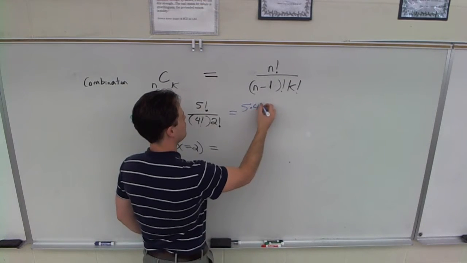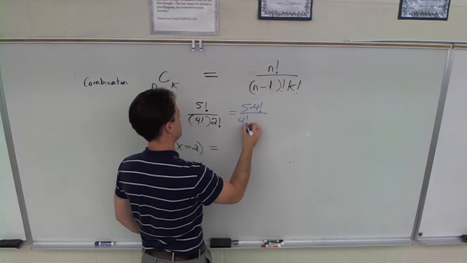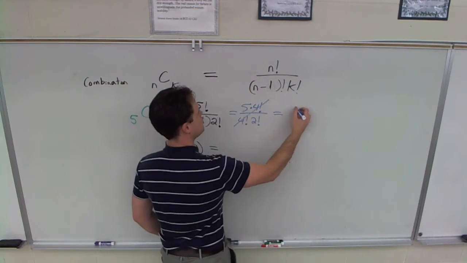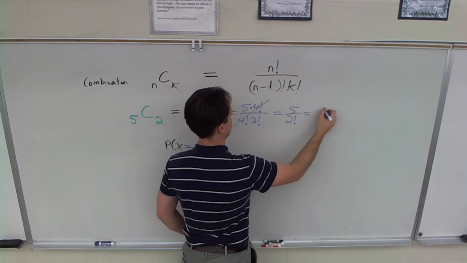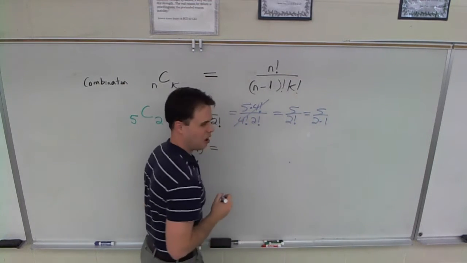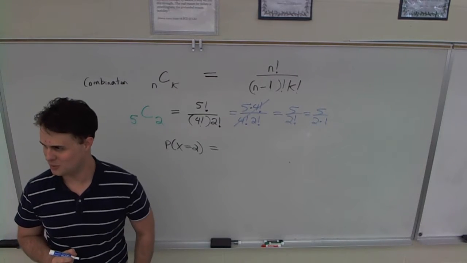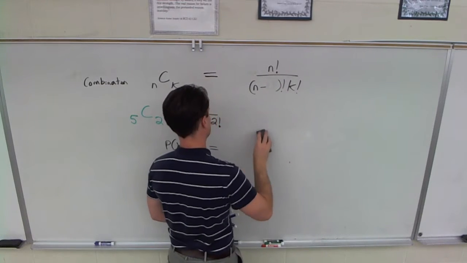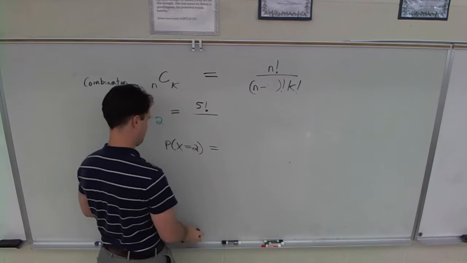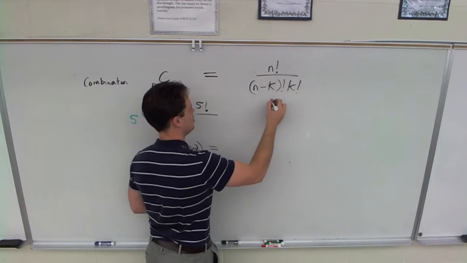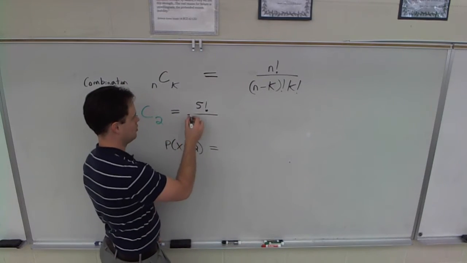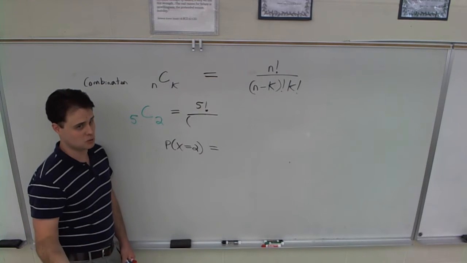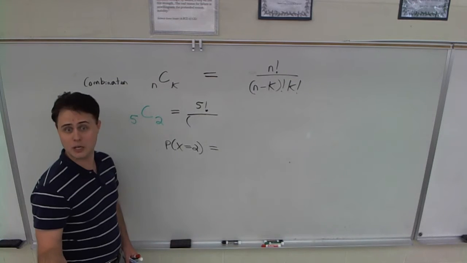So in other words, it's 5 times 4 factorial. So this is 5 over 2 factorial. 2 factorial is 2 times 1. That's not 10. Bad high school notes, I knew it was wrong. This is supposed to be n minus k. What's n minus k for 5 choose 2? 5 minus 2 is 3.